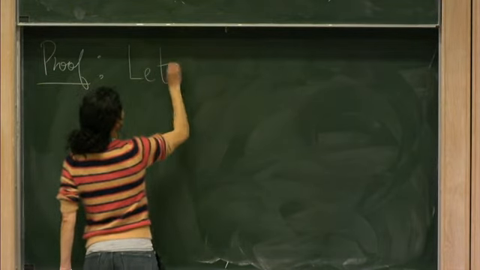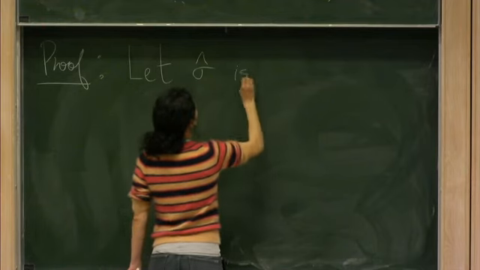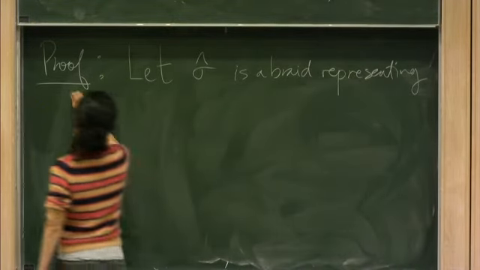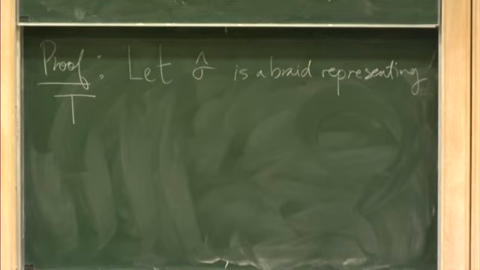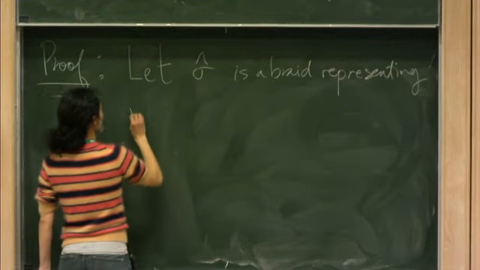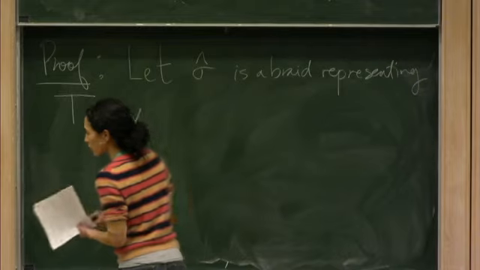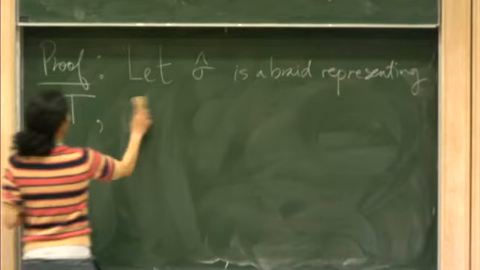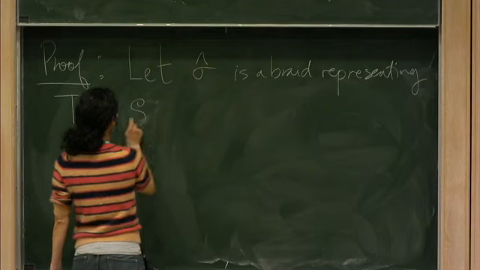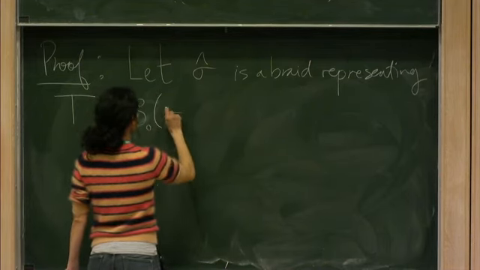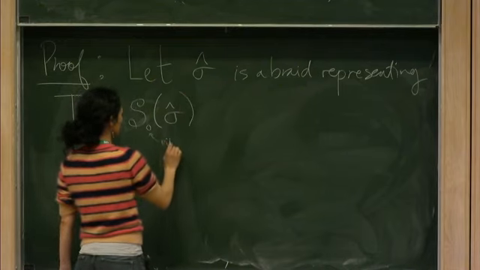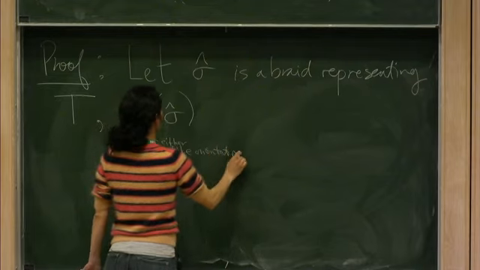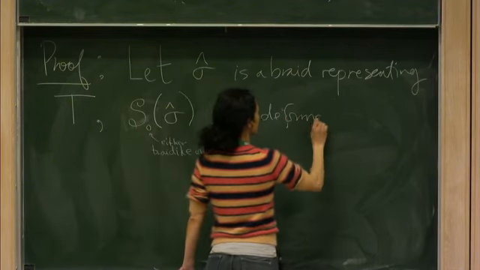So really, the observation is that if sigma hat is a closed braid representing this transverse isotopy class of the knot, then it turns out that the canonical Lee class associated to either braid-like orientation is a deformation of the Plamenevskaya class.